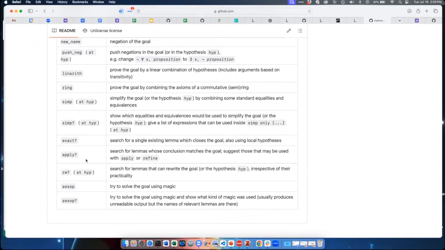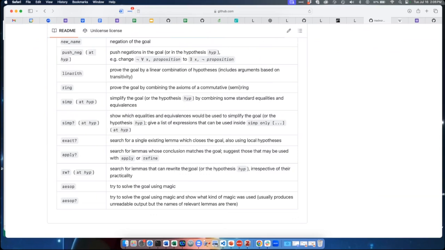So if I'm trying to do an apply, if I have a goal and I just need to find a lemma whose conclusion exactly matches the goal, can I just apply question mark? It will search through the lemmas in Mathlib, and if it finds one, it will say success. Exact is similar. It will try to do that. We can try rewrite.